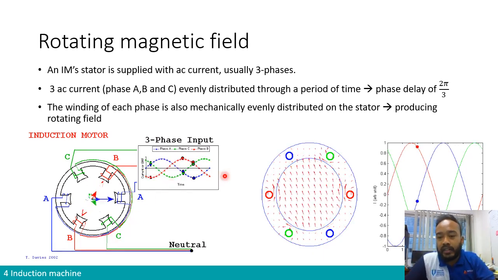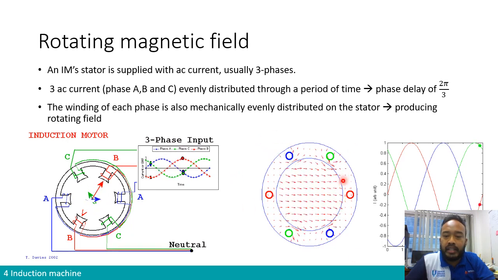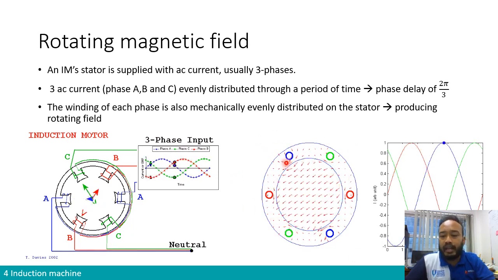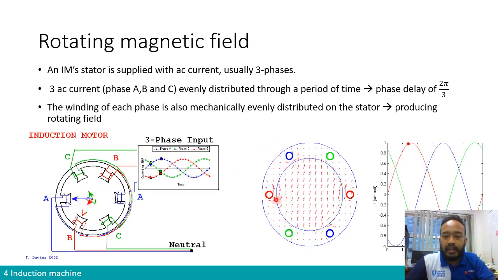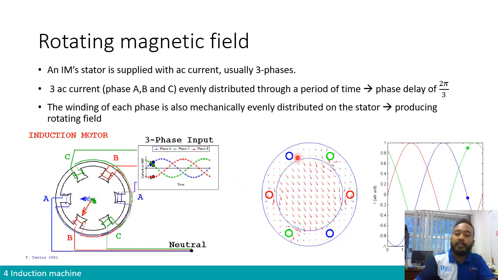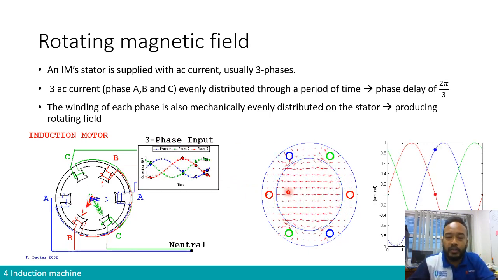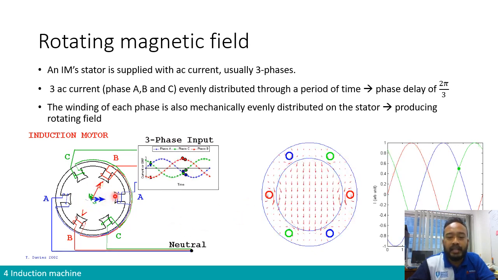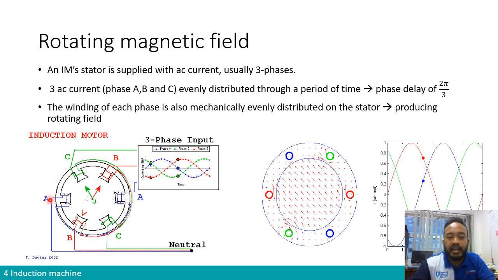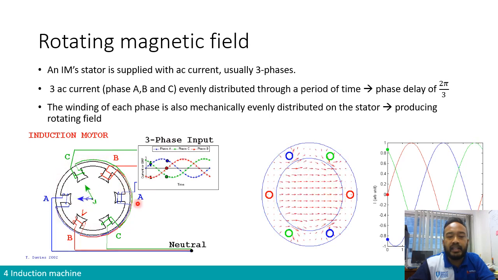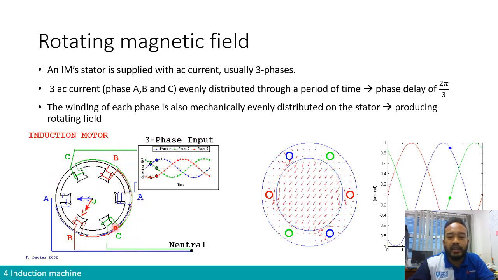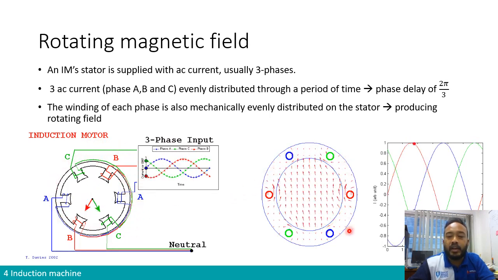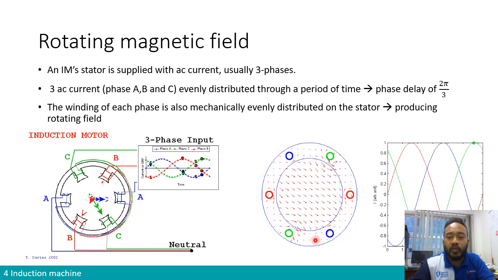On the figure that you have on the right side over here, it's basically the plotting of the current. The two figures don't come from the same machine, so you can see that the arrangement of ABC is not the same. Here ABC is arranged in the counterclockwise direction, but here it is arranged in the opposite, clockwise direction.